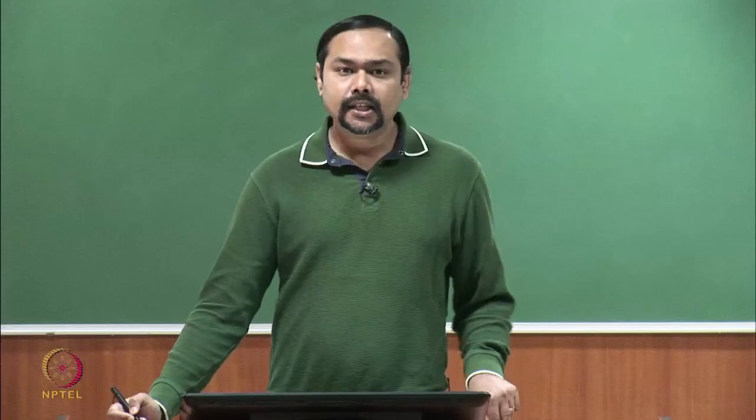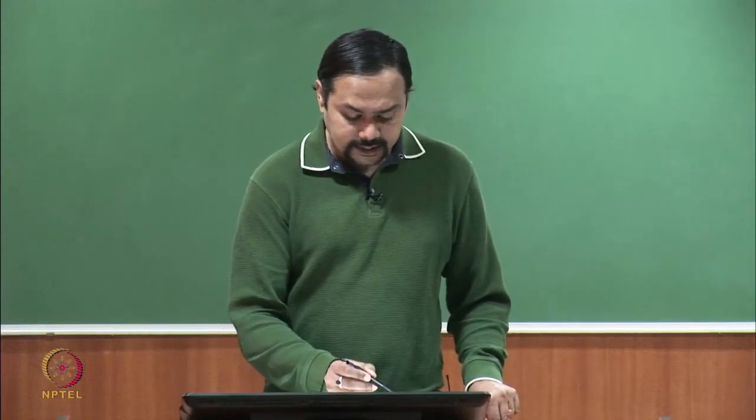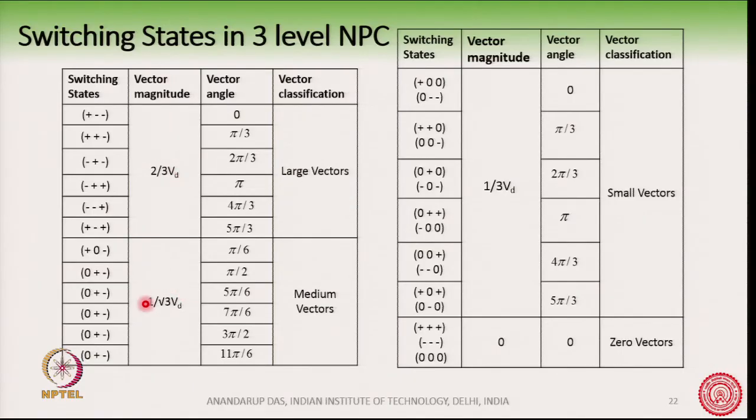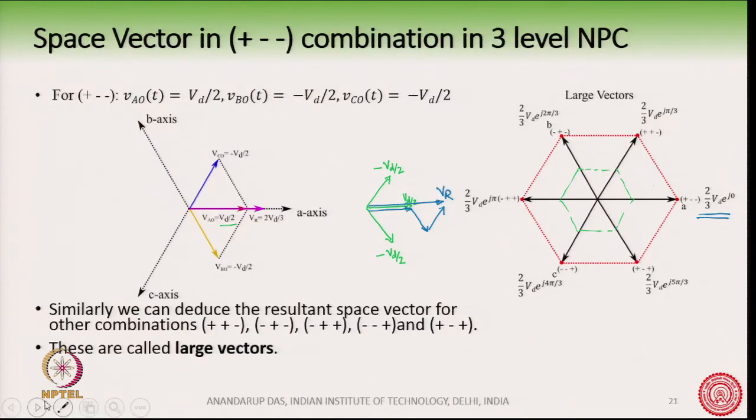So, if you see here, 6 switching states produce large vectors, 6 switching states produce medium vectors, 12 switching states produce small vectors, and 3 switching states produce the 0 vector.